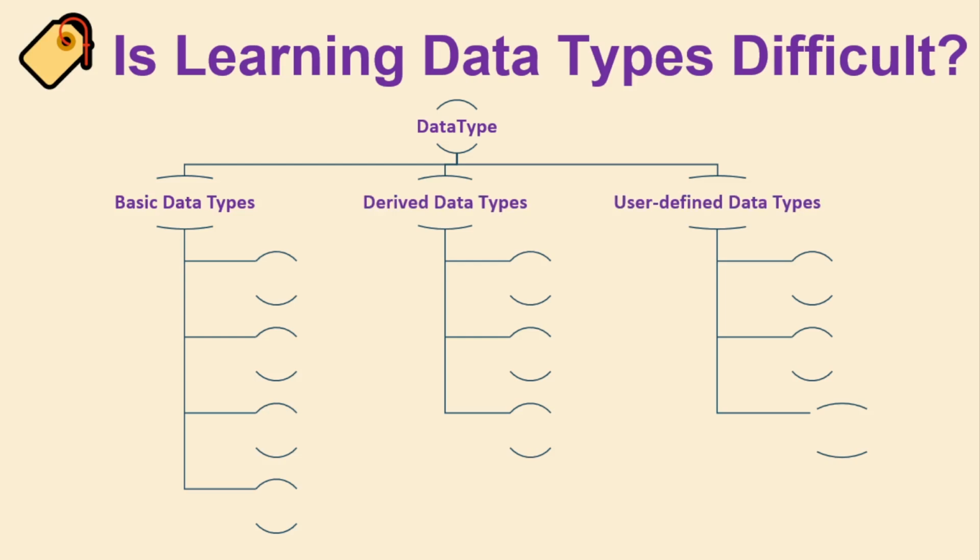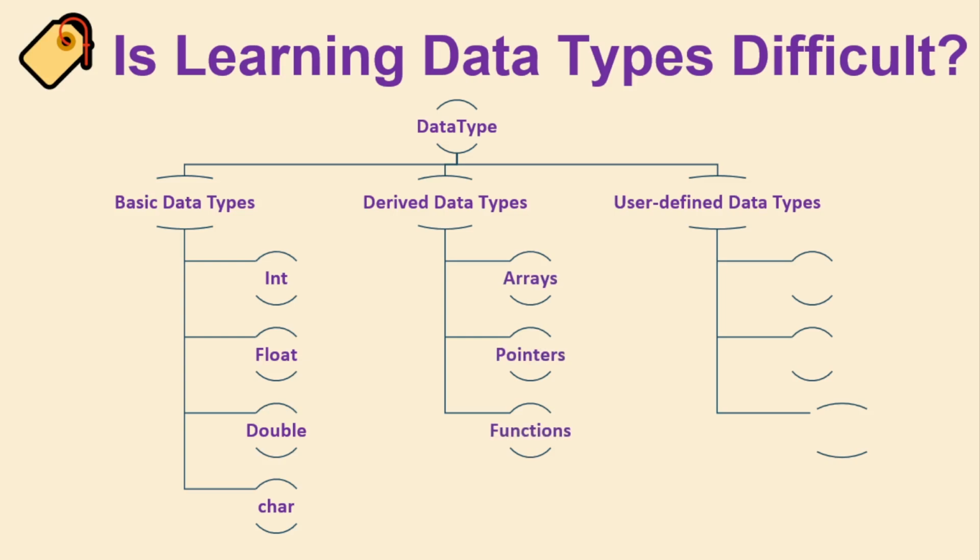Number 1, basic data types. These include int, float, double, and char. Number 2, derived data types. These include arrays, pointers, and functions.